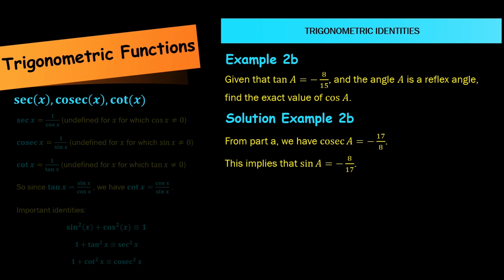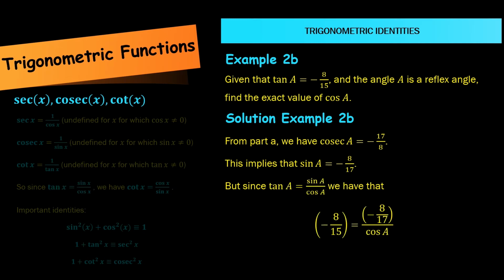And of course, this implies that sine A equals minus 8/17. But since tan equals sine over cos, we can plug in all the values that we have in order to find the value of cos.